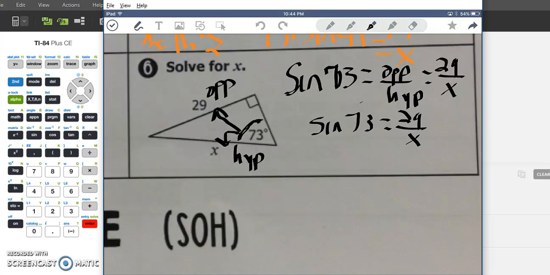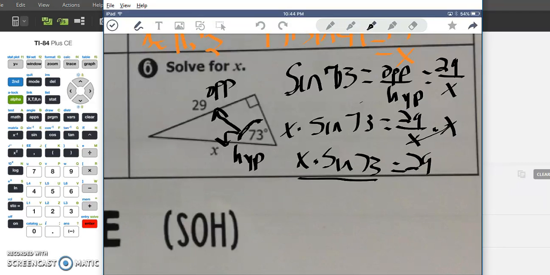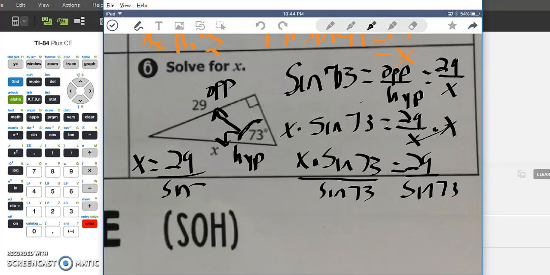Now, one way we could do this is, once again, if we want to get rid of the denominator, we have to multiply both sides by the denominator. That cancels out, so we end up with x times sine 73 is equal to 29. Okay, to get x completely by itself, we'll do the opposite of multiplication and we'll divide. So then you end up with x is equal to 29 over sine 73.